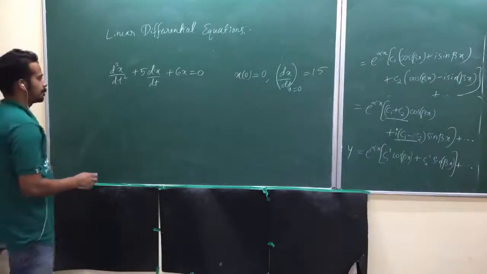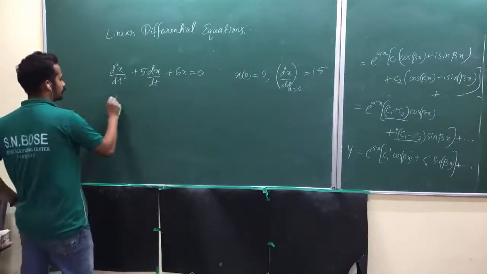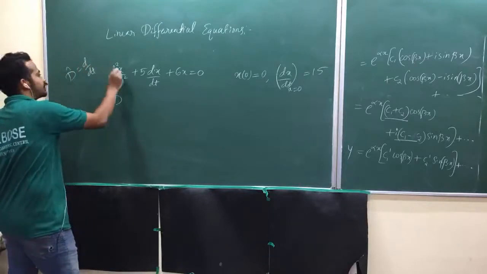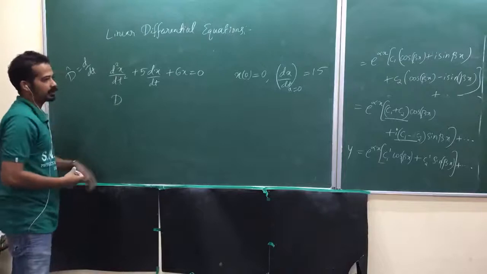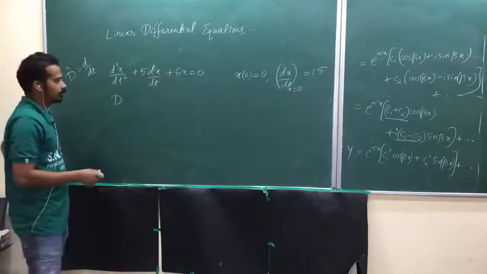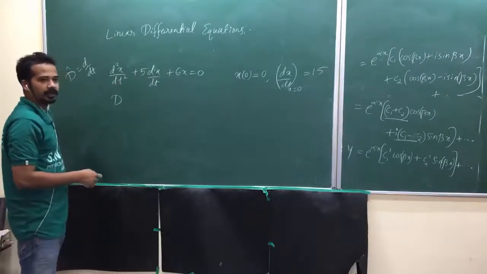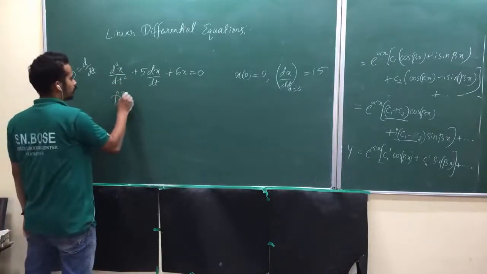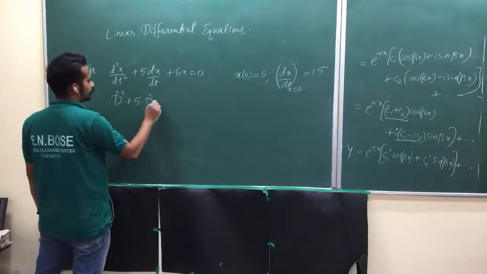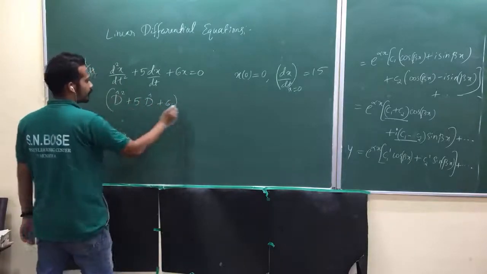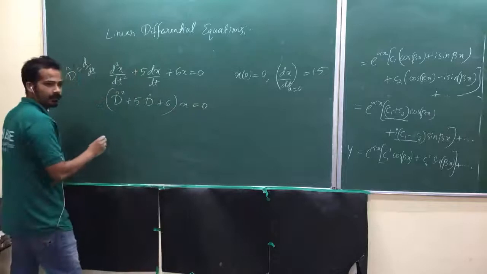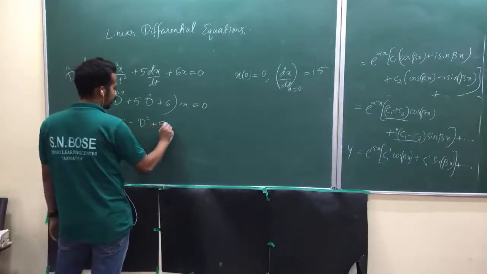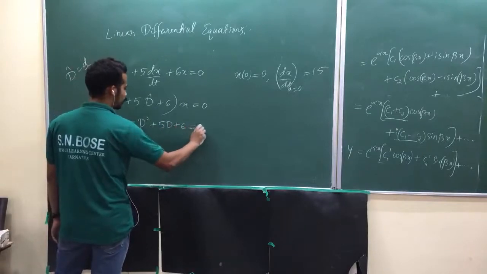Clear? Now how do you write this one in terms of our symbol? Now D cap is equal to d by dt actually. X is our function of time, just like y was function of x over there. Change of variable. Is that okay? X is playing the role of y, t is playing the role of x over there. So D cap square plus 5 into D cap plus 6 operating on x is equal to 0. Now my auxiliary equation is D square plus 5D plus 6 which is equal to 0.